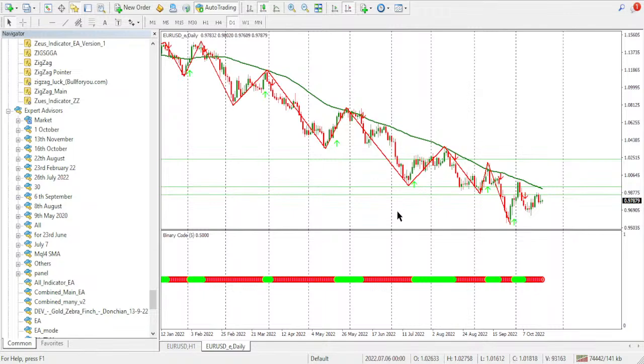So we have a very good downtrend here. We are supposed to sell within these two lines.